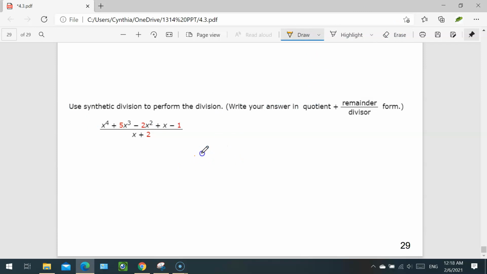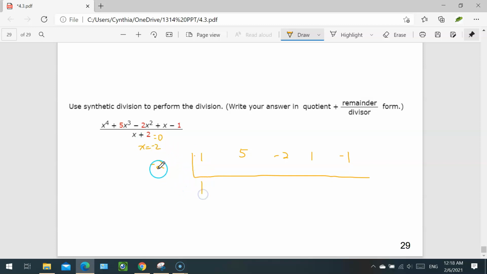So I just write down the numerical terms: 1, -2, 1, and then -1. In synthetic division, we only take the numerical terms. So the divisor here would be -2, not 2. It's not a positive 2, it's a -2. We set it equal to 0. From here, we solve for x equals -2.